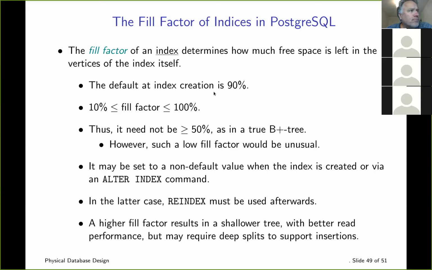You can go in and change the fill factor on the index when you build it. This might make a lot of sense based on the mix of updates. Remember, the big cost with B+ trees is if you're going to shrink or grow the height of the B+ tree. That's an expensive operation. So sometimes you'll trick around with the fill factor to try to avoid that.